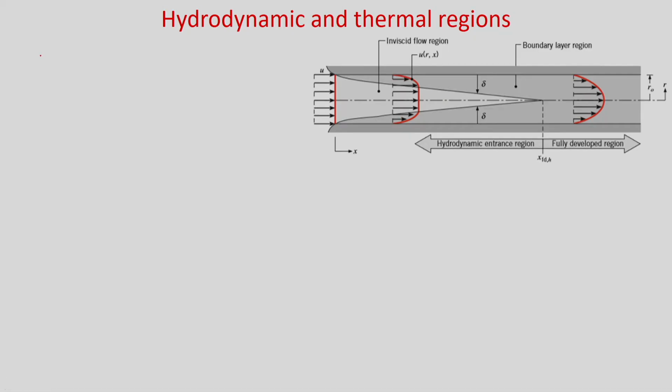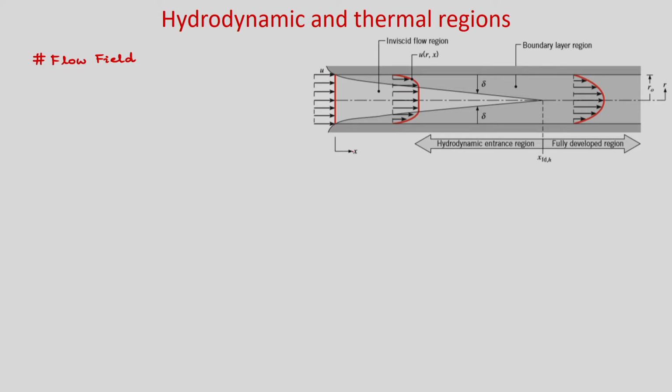First, let us consider the flow field only. You can see that you have a uniform velocity inlet at x equal to 0.